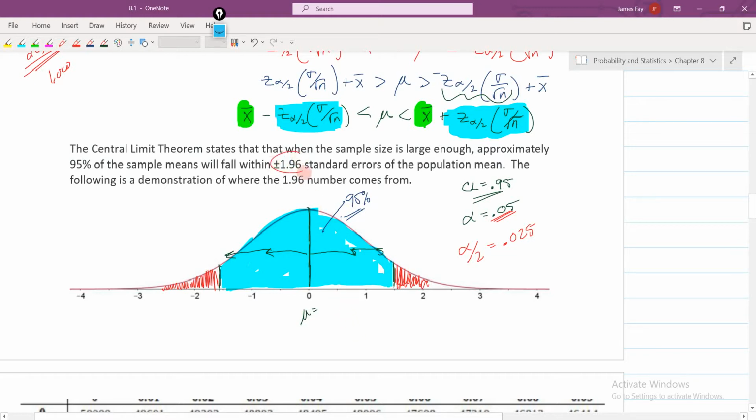Now, to see where this 1.96 number comes from, this area here is 0.025, and that area there is 0.025. We're going to take our z table and try to find that 1.96 number from it.